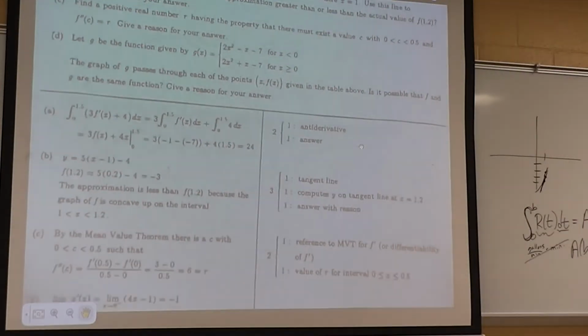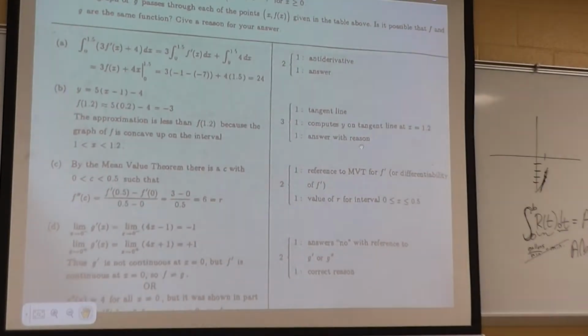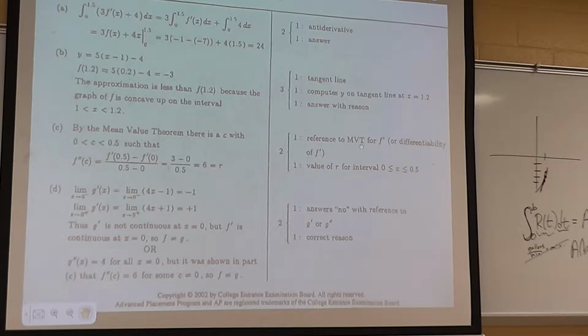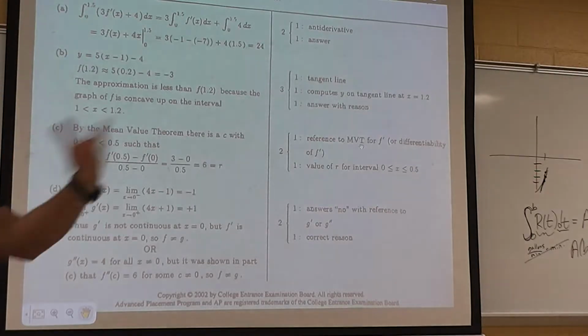So here's our scoring guide for this problem. That's very vague. What's that? Answers no with reference to G prime and G. Well, once again, this isn't how they give it to us and say go score them.